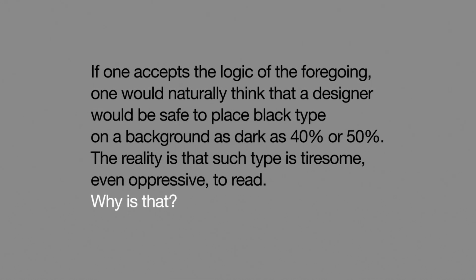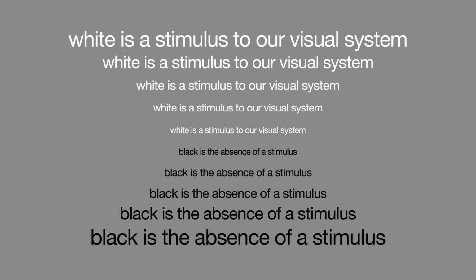Why is that? White reflects all light available, and black absorbs it. Therefore, white is a stimulus to our visual system, and black is the absence of a stimulus. So when we read black type on a 50% background, we are seeing a non-stimulus against a half-stimulus.